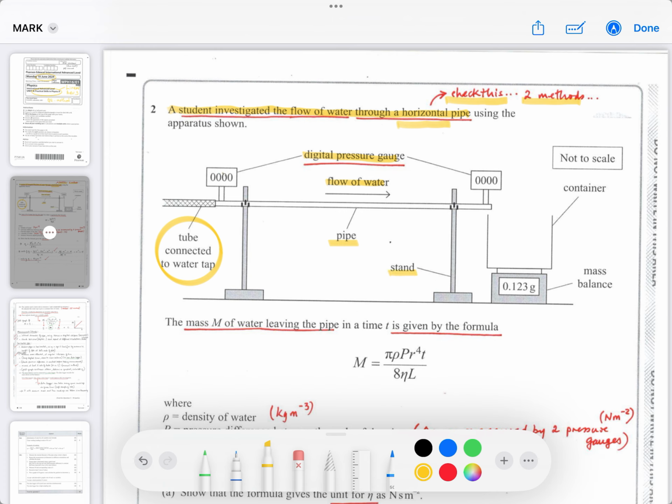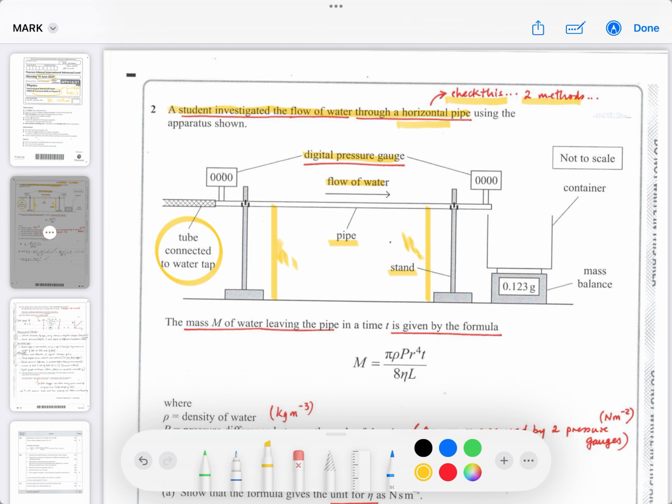Now for it to be horizontal, you would expect this height to be equal to this height. So you could measure the height at both ends, height 1, height 2, and if they're the same, you know it's horizontal. You could also use a spirit level to make sure the pipe is horizontal.